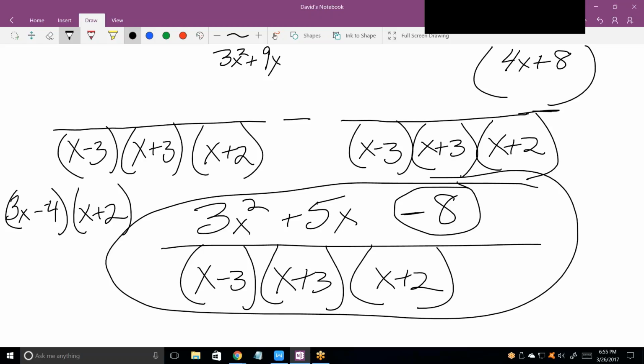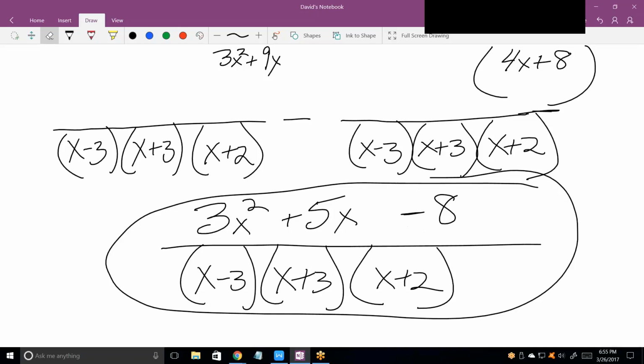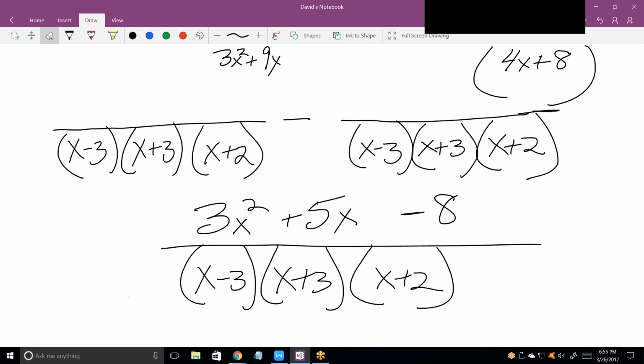What if I had a 2 there and a 4 there? That doesn't produce a 5x either. So once again, I've come across a situation where that thing never factors. In other words, it factors using the quadratic formula, but it never factors to something that gives you a linear term that you can cancel.